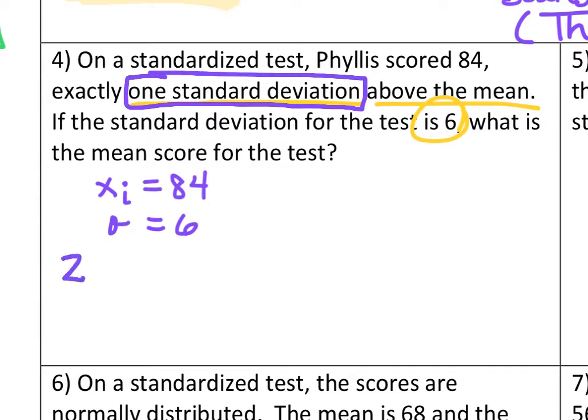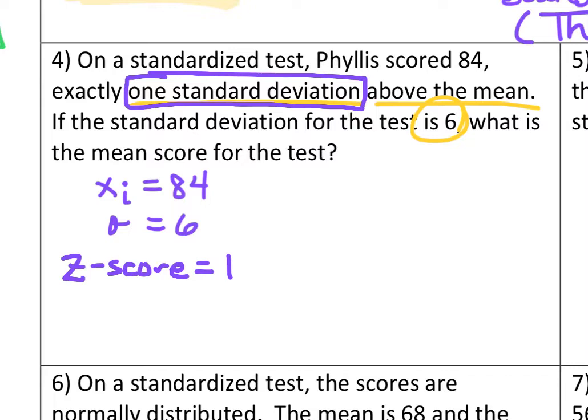So you actually know that Phyllis's z-score is 1. It's positive because it's above the mean. And remember that the z-score measures how many standard deviations above or below the mean is the score that you're talking about.